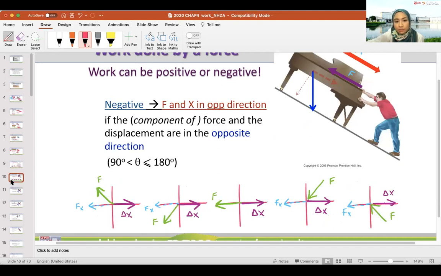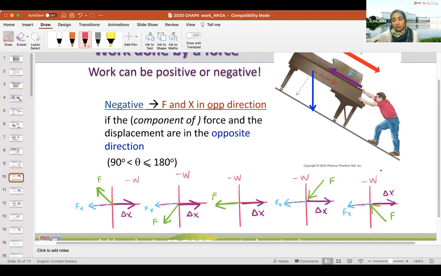Okay, so these are examples of work done that is negative. If I resolve my force here, it's to the left, displacement is to the right, negative work done. This one, opposite, negative work done. Opposite force and displacement, negative work done. This one, resolve it, negative work done. So everything here is negative work done.